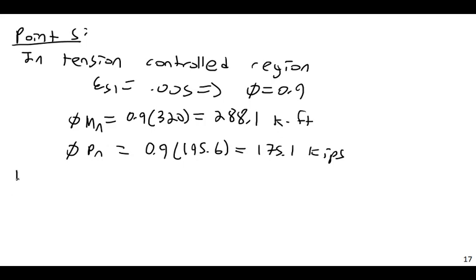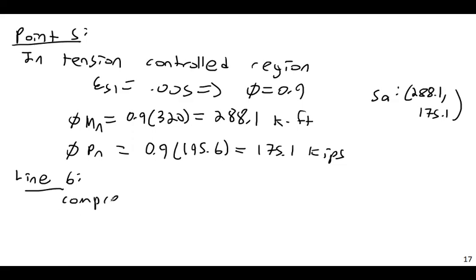So then line 6. Basically 5A here becomes 288.1, 175.1. And line 6 is a compression controlled region, because it is a pure column, definitely compression controlled.